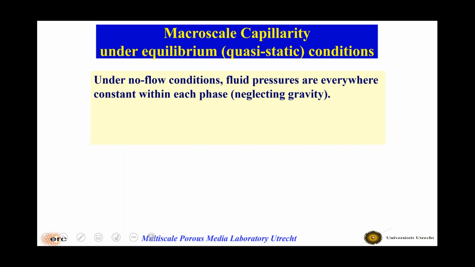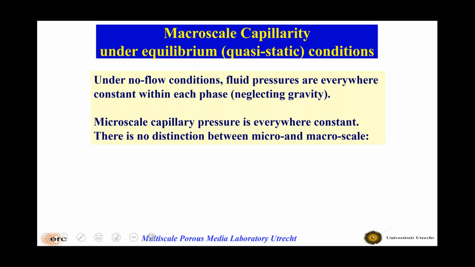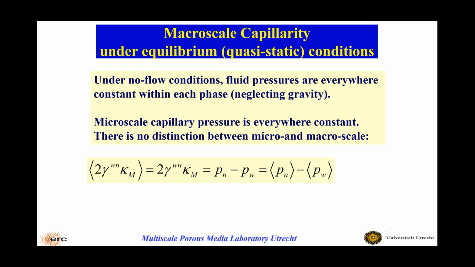Now, this is something that I'm not going to go through here. We have developed a very rigorous approach to derive these macro scale capillarity formulas. When we did that, we found that under equilibrium condition, you can indeed derive the equation that Pn minus Pw is equal to Pc, and it's not necessarily just a function of saturation.